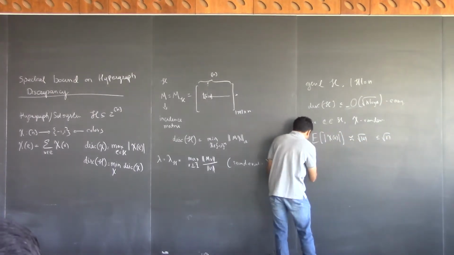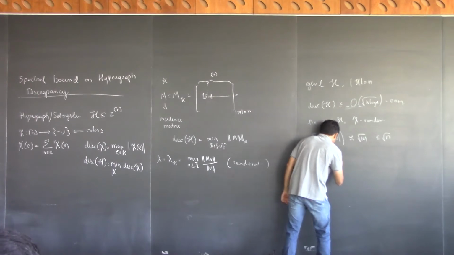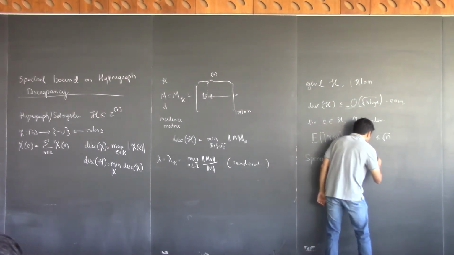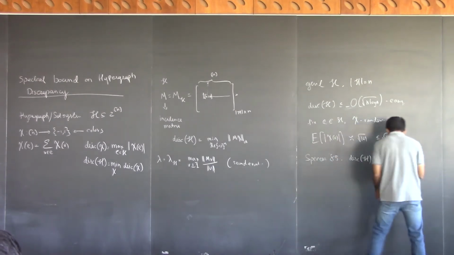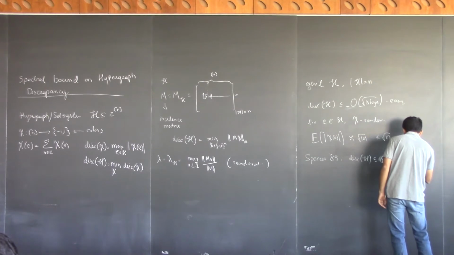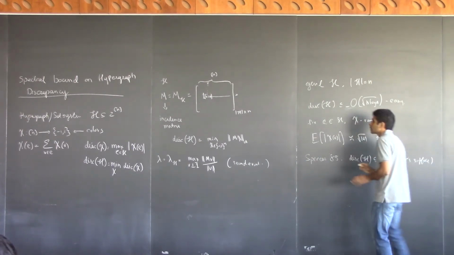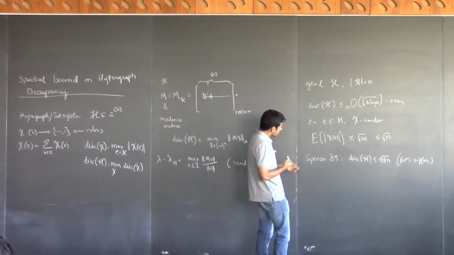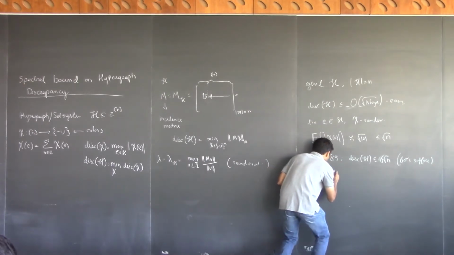One important result here is due to Spencer in '85: the discrepancy is actually at most 6 times root n. This is a very important paper. Six standard deviations suffice. I'm mentioning this because one of the ideas used here is partial coloring.